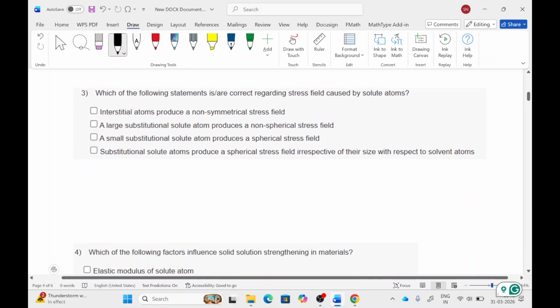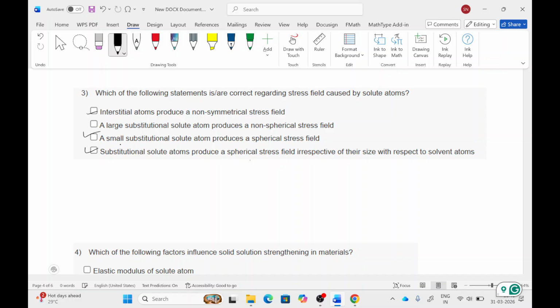Third question says, which of the following statements are correct regarding stress field caused by solute atoms? Yeah, one is correct. Four is correct and three is also correct.